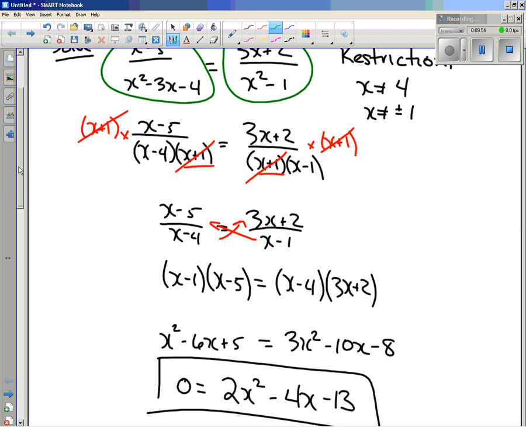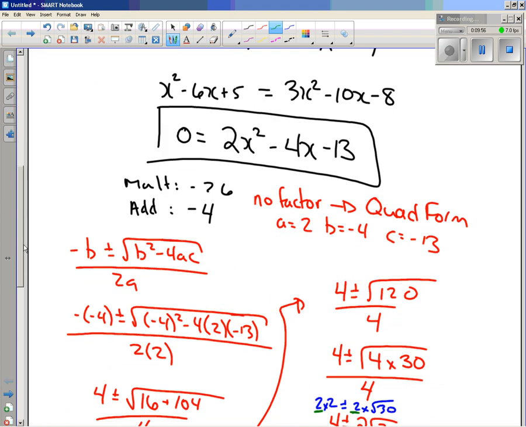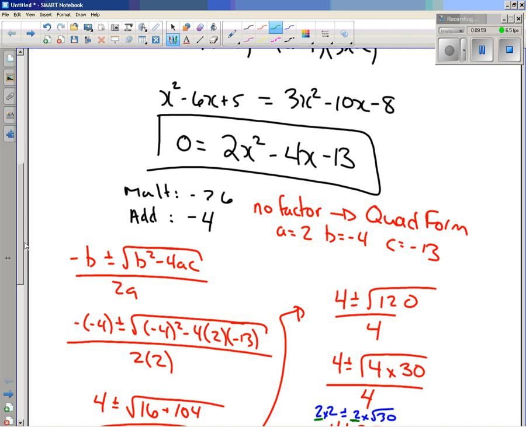You could do some work, get a simplified expression, graph this, and find the zeros.